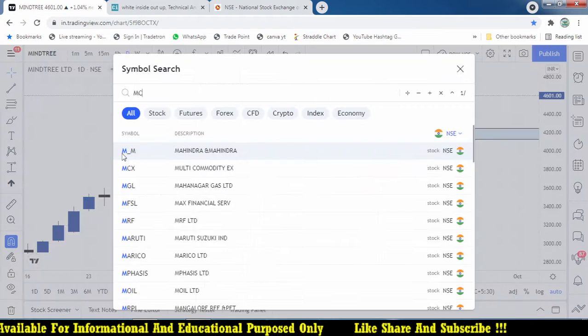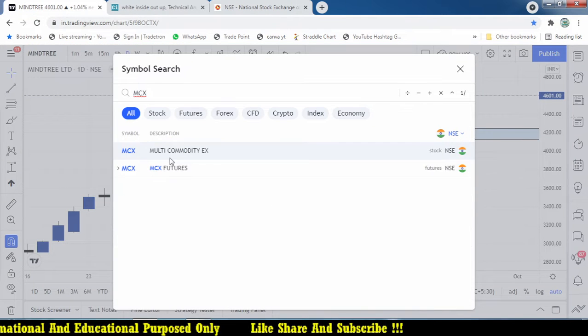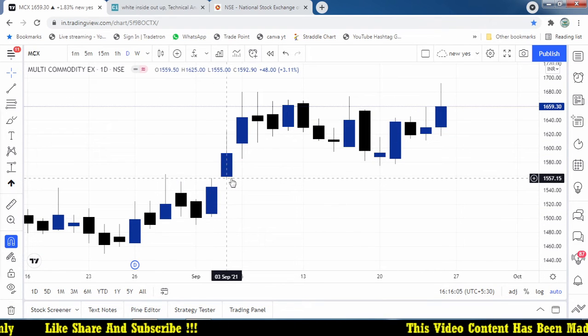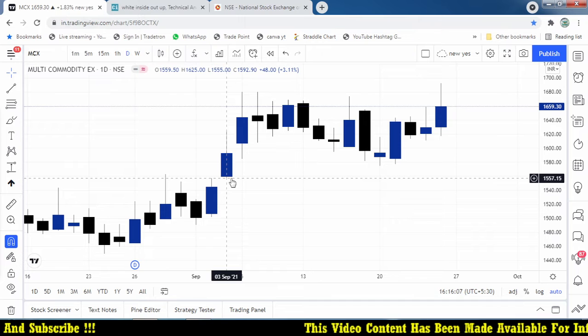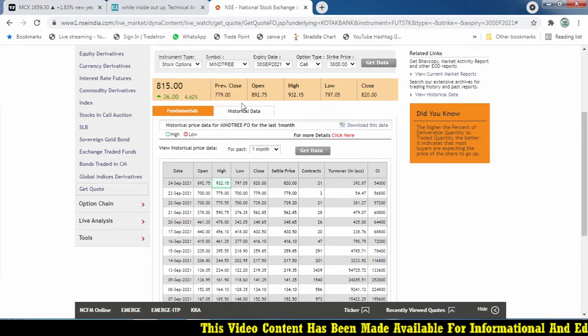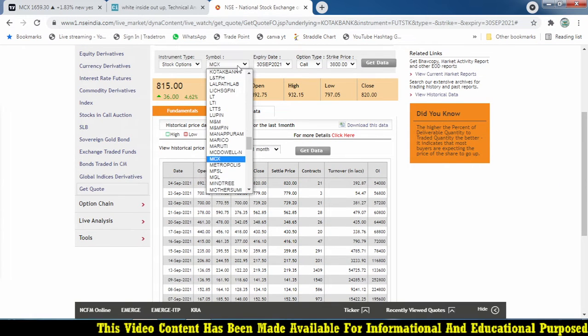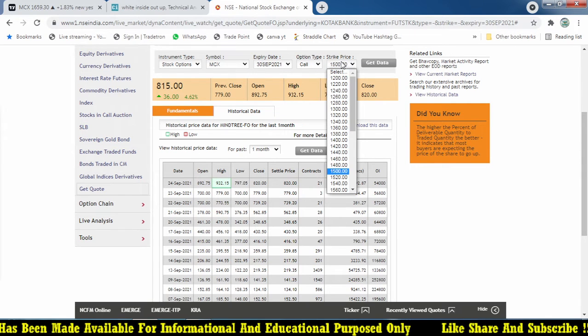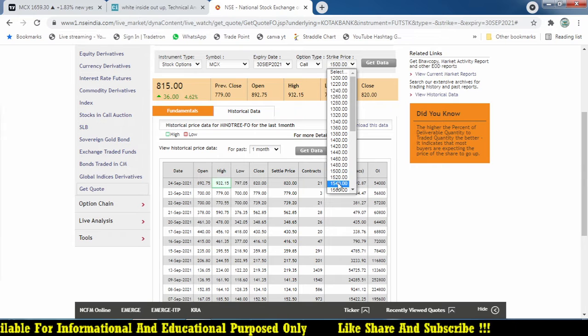Then first of this month, I'm going to take MCX. That is the second. Here the price broke the next day at 1557. So if I'm going to take MCX, the strike prices available are 1556, 1560.